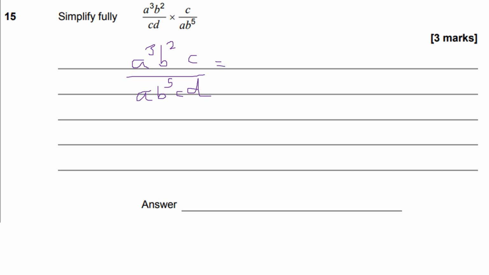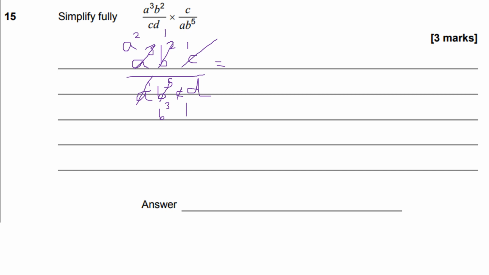Now I start to simplify and cancel it down. I can cancel the c's, they just go to 1. I can cancel the b squared, so divide top and bottom by b squared, so that'll be 1 there. That will now be b cubed. If you take 2 from 5, and think of a as a to the 1, divide top and bottom by a, so that becomes a squared.